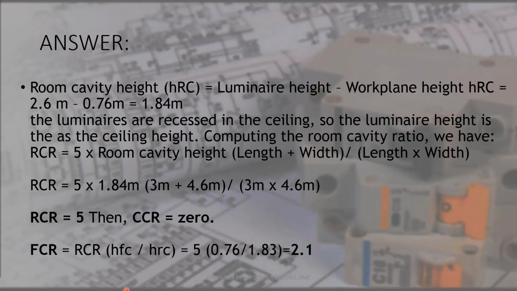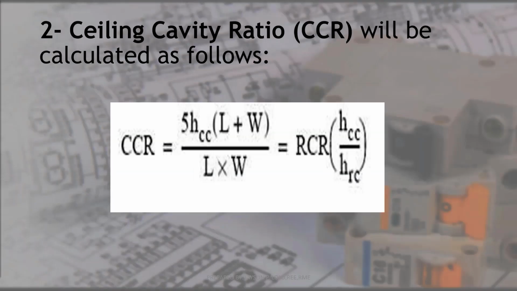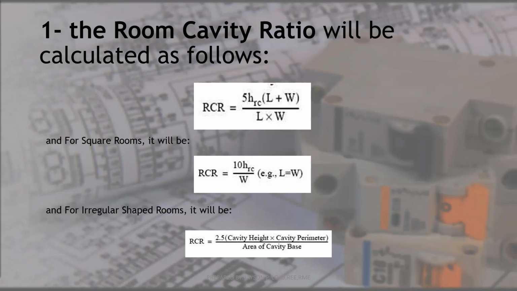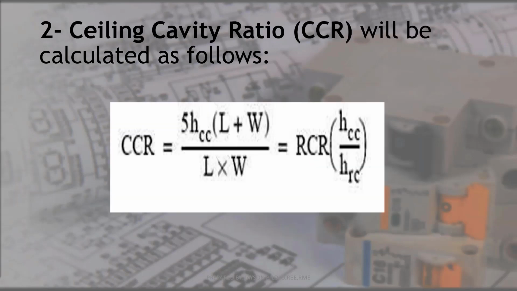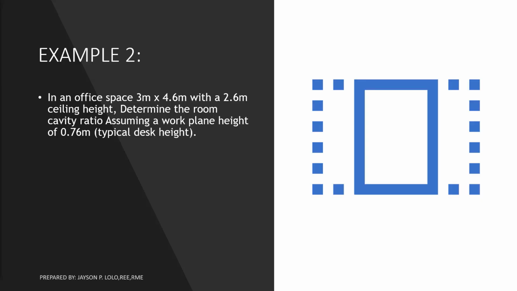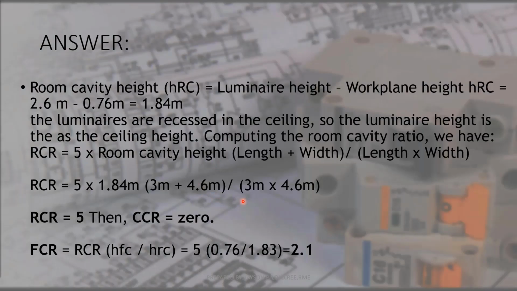That is where I got the formula from earlier. So the RCR is 5. Then you can use now that ratio. Remember the note earlier. Now you get the CCR equals 0. Then FCR is 2.1. So you have the 3.